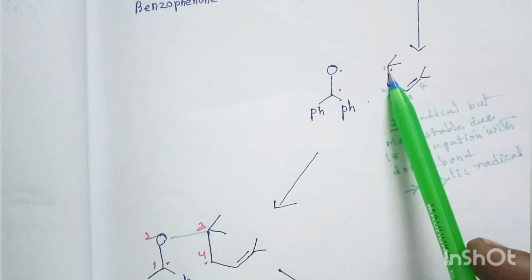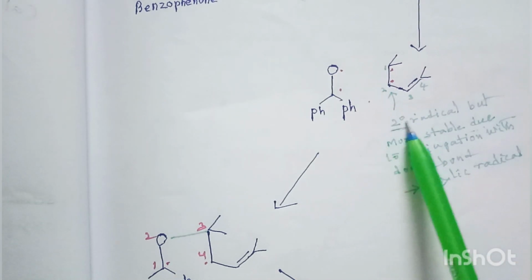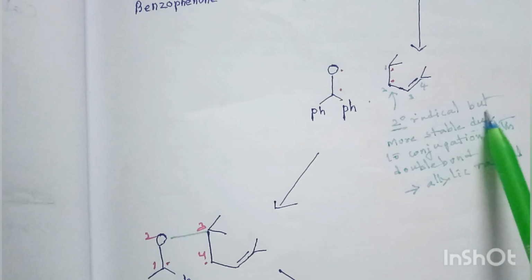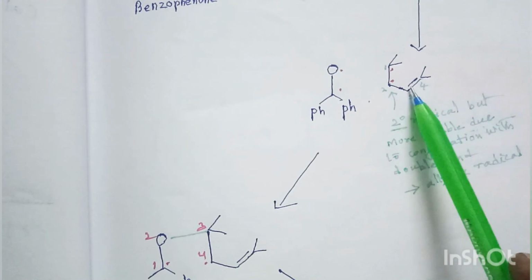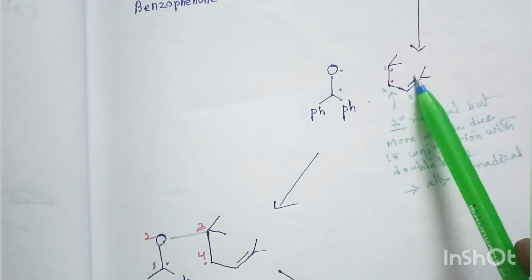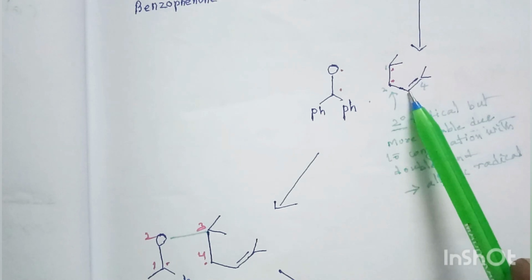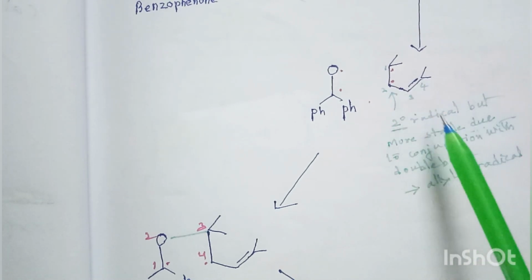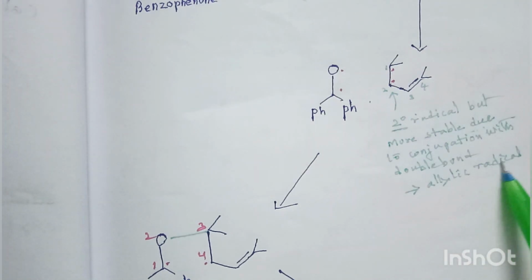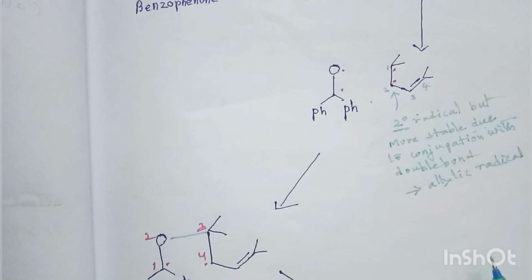This radical is tertiary radical and the radical on the second carbon is a secondary radical, 2-degree radical, but it is more stable because it is in conjugation with a double bond. So the next carbon atom has a double bond. So this radical is more stable. In other words, it is an allylic radical. Allylic radicals are more stable.